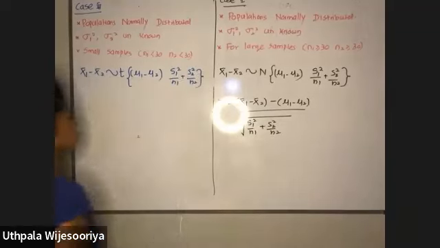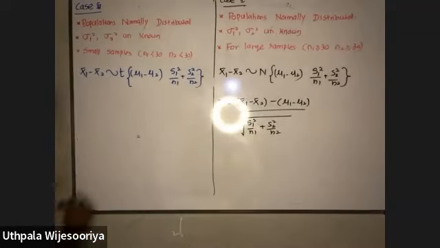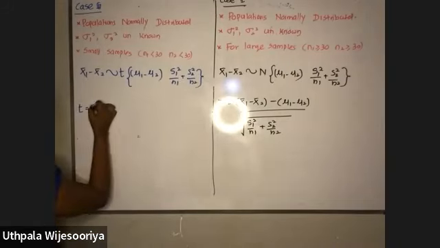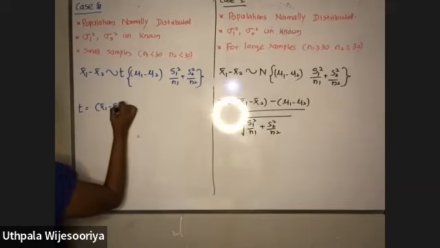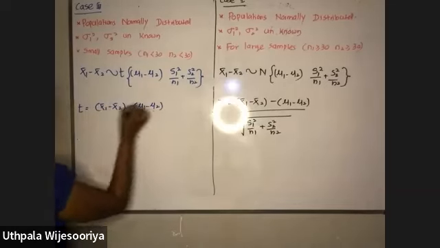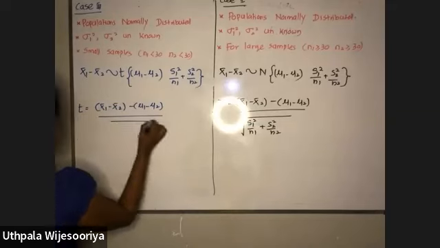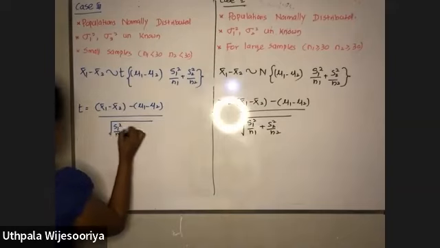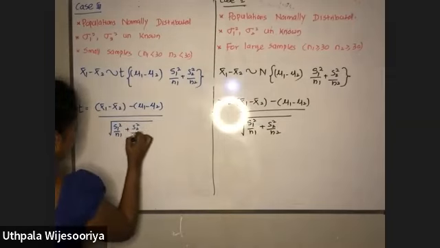Now we calculate the T value. T is equal to x bar 1 minus x bar 2 minus mu1 minus mu2, over the square root of S1 square over n1 plus S2 square over n2.